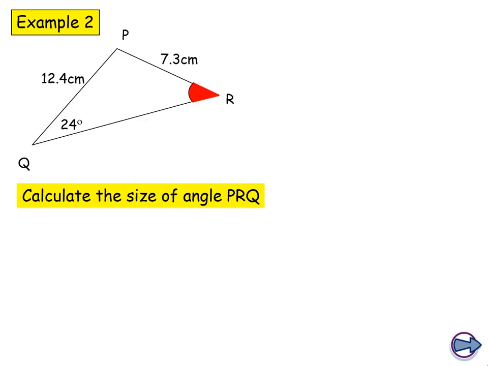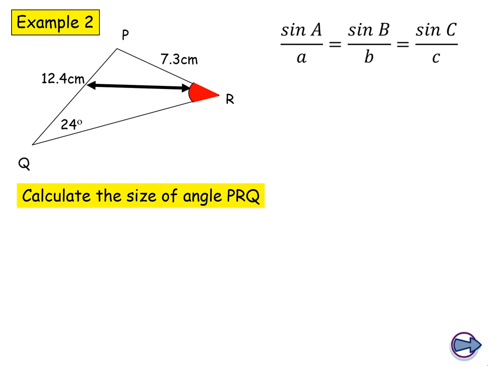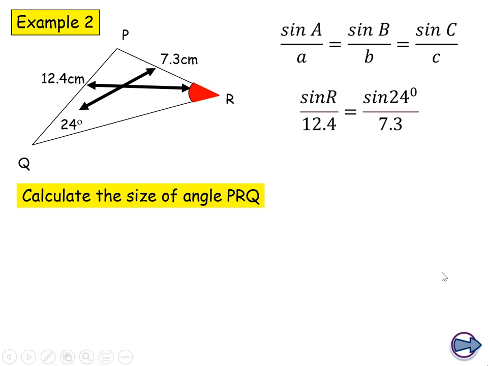Example 2. As you can see, we're working out angle R, PRQ. We're working out angles, so we put angles on the top. Again, using arrows, it's the sin of R over 12.4 equals sin of 24 all over 7.3. 12.4 is dividing, goes over and multiplies. 12.4 multiplied by the sin of 24 all over 7.3.